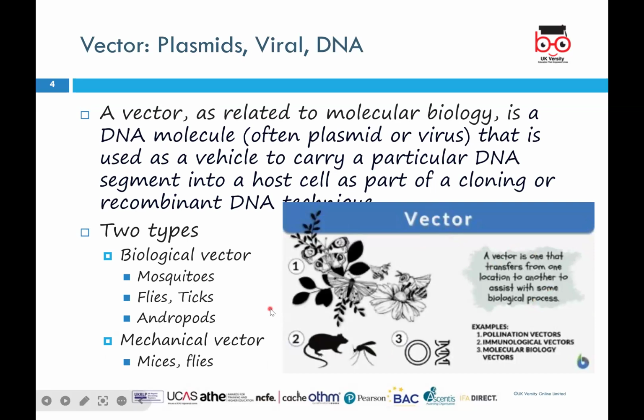There are two types of vectors: biological vectors and mechanical vectors. I've told you what a vector is. For biological vectors you have examples such as mosquitoes, flies, ticks, and arthropods, and you have mechanical vectors such as mice and flies.